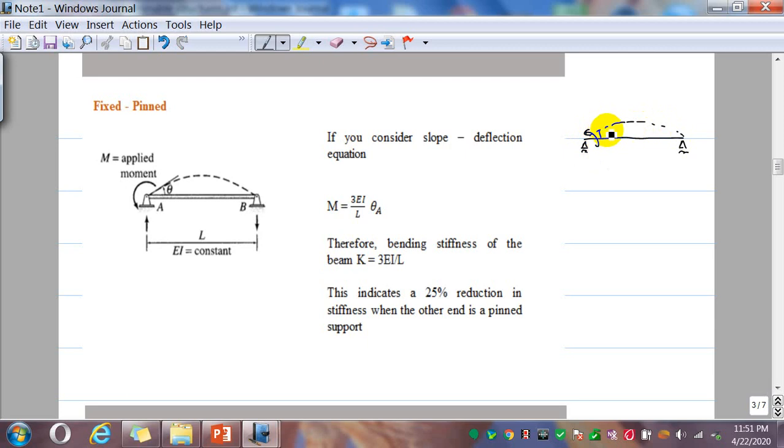It's theta m. Here there is no restraining moment because the pin can freely rotate.